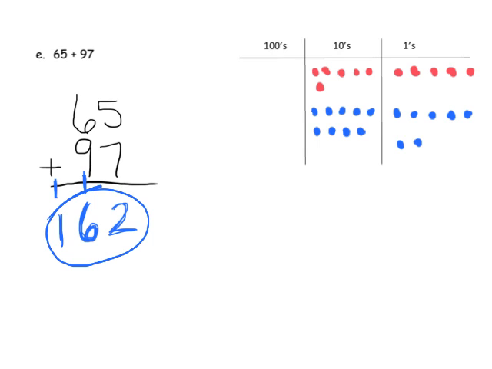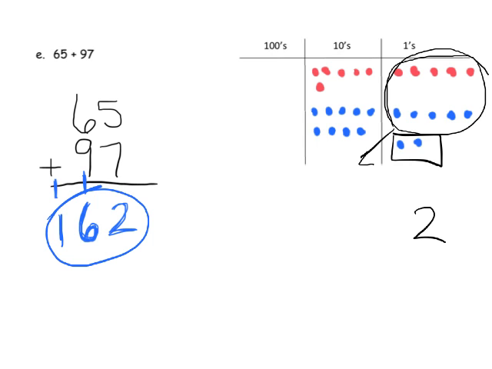And so now we can group them. So we have 5 and 5 is 10, plus these 2 left over. So there's my 2 left over, and these 10 can bundle together to be 1 in the tens column.